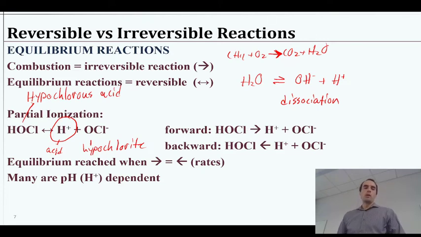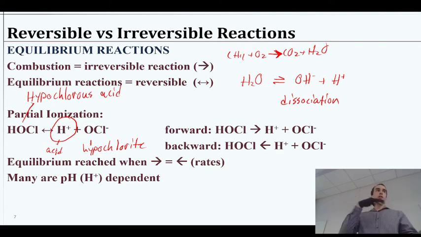Essentially, when we talk about these equilibrium reactions, we form an equilibrium because both reactions are happening. We're sticking it on and we're pulling them off. And that's just going to happen by random diffusion in the water, just entropy. And so we will reach an equilibrium once we've given it enough time for those two rates to equal each other.